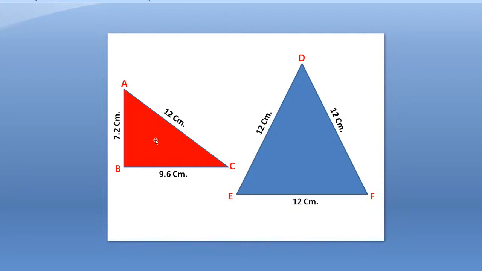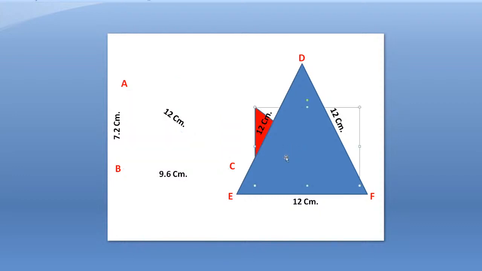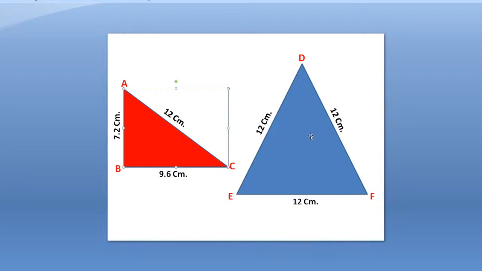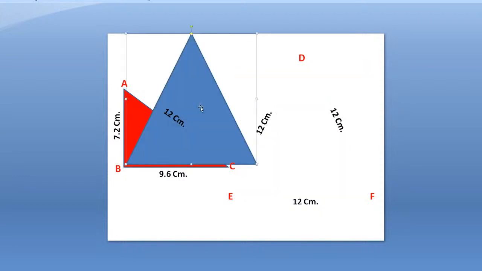So see here, one triangle does not completely cover another one. That's why not congruent.